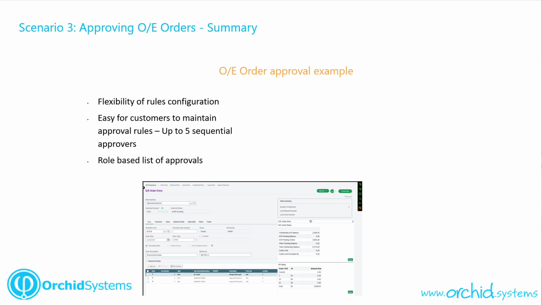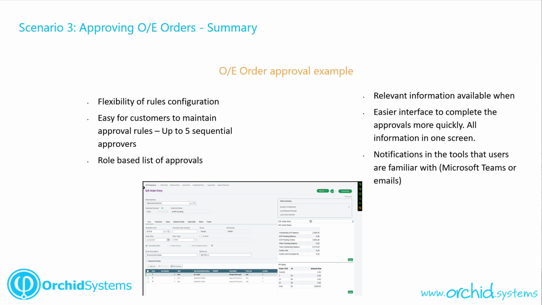We've looked at extended notes on the web screen, which helps provide relevant information to the approvers and to the users entering the transaction without having to click and open other screens. You have the information you need as you need to. So because you have this easy interface, you can complete your approvals more quickly.